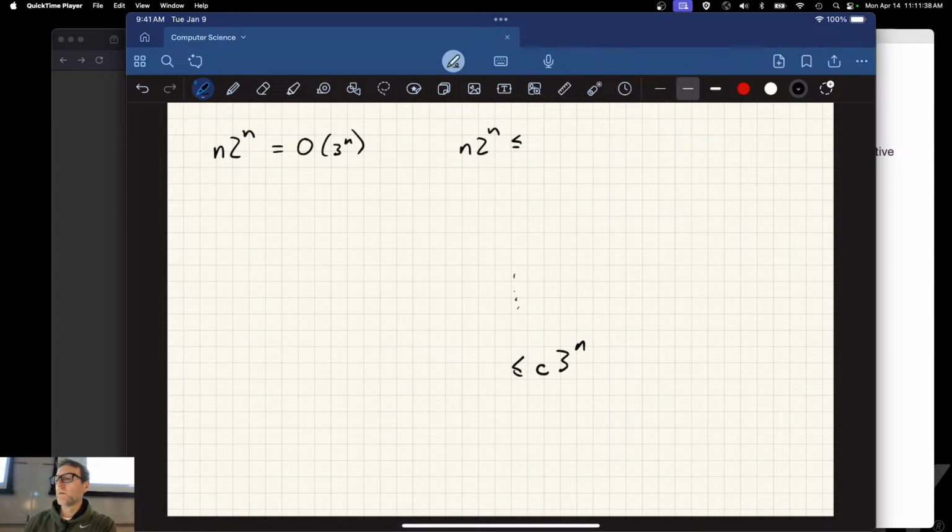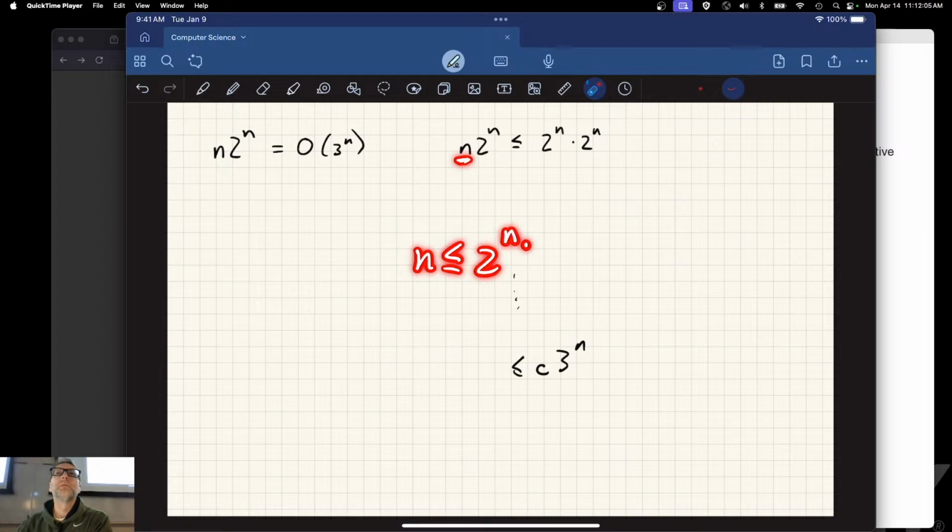Okay. What can we do? Generally, if we've got a function of n here and a function of n here, I want to combine them somehow to get down to one function. So is the following true? 2 to the n times 2 to the n. In other words, is n less than or equal to 2 to the n? Yeah.